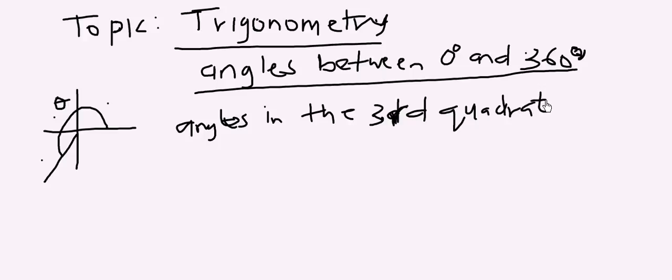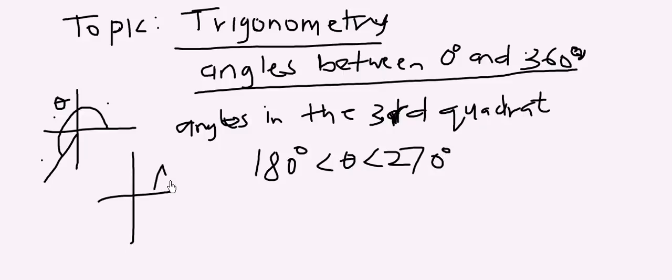And that angle lies between 180 degree and 270 degree. So we say that in that quadrant, A, S, T, and C, only tangent of angles is positive here. We must note that.